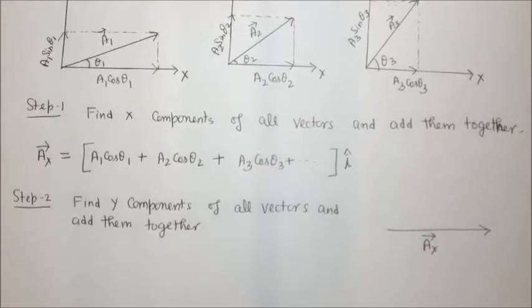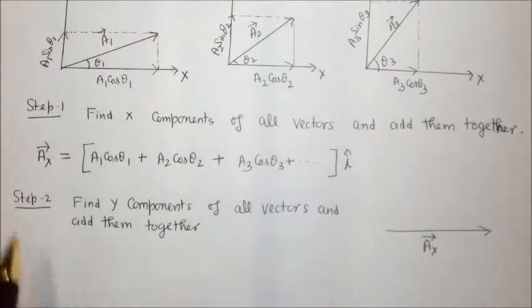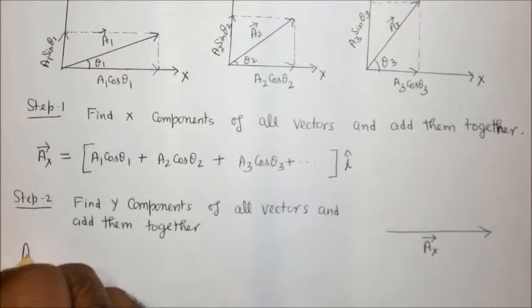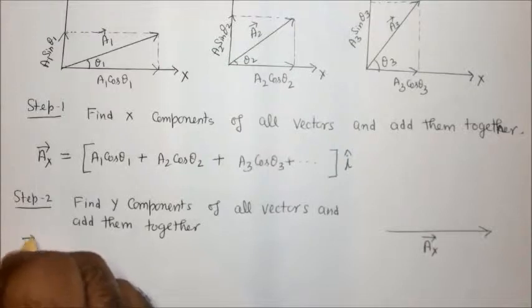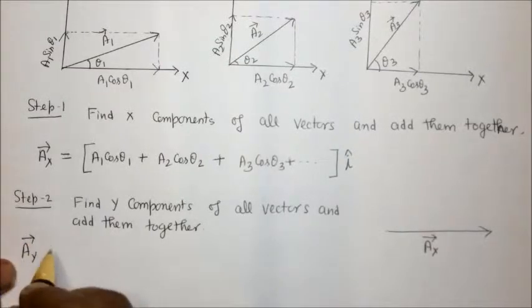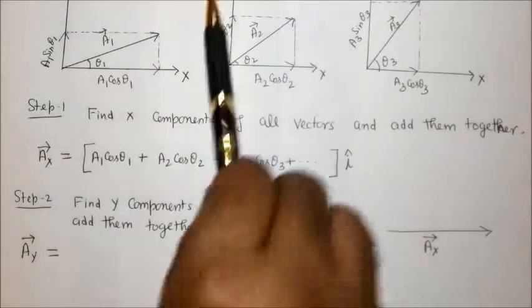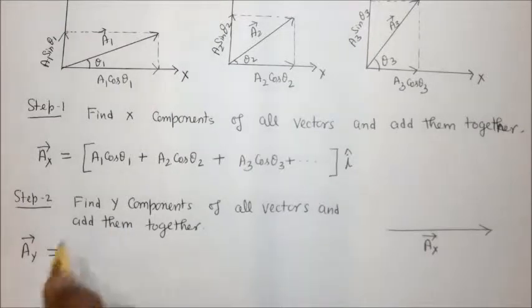So find y components of all vectors and add them together. Suppose the sum of y components is ay, or ry, whichever symbol you like. They are working in the vertical direction, so they can be added simply.